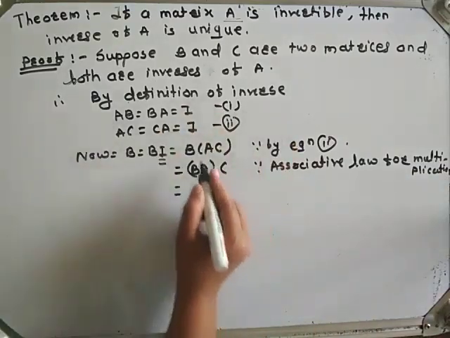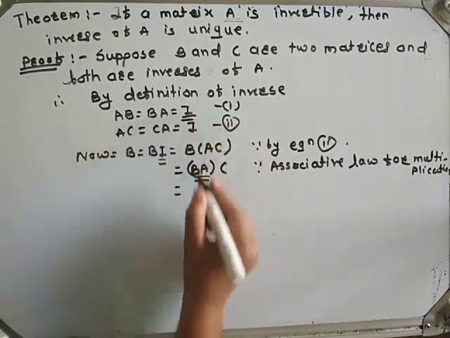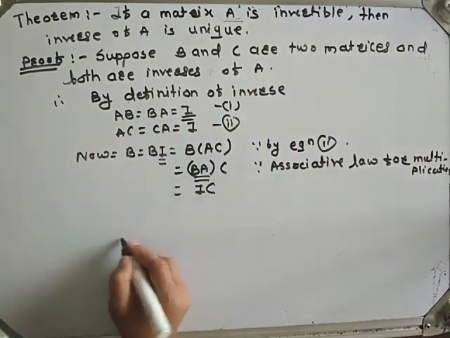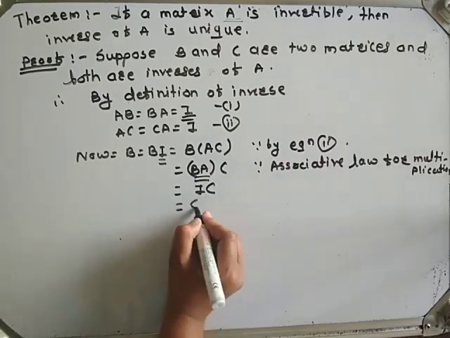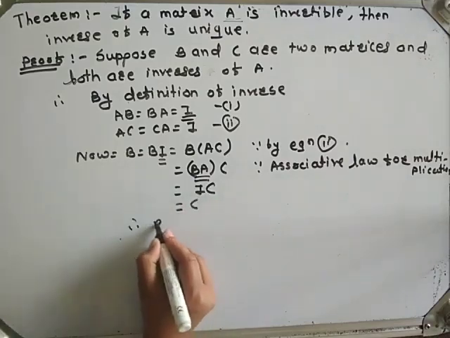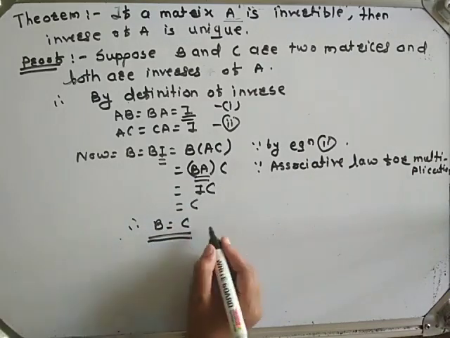But by equation 1, B into A is nothing but I. This I into C is equal to C. Therefore, we get B is equal to C.